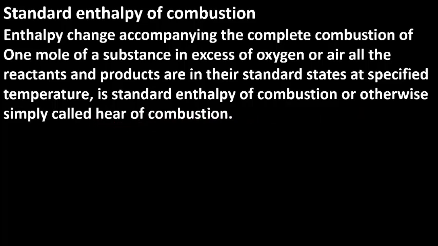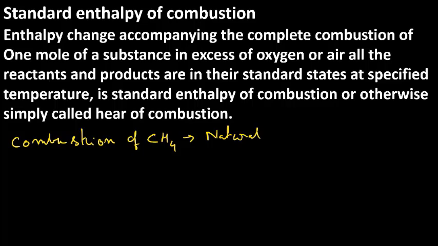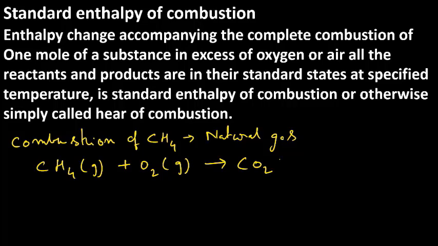So if we burn methane, the heat of combustion of methane, which is also referred to as natural gas. So CH4, methane, is in the gaseous state, plus oxygen is also in the gaseous state. We get CO2 gas and H2O in the form of liquid.